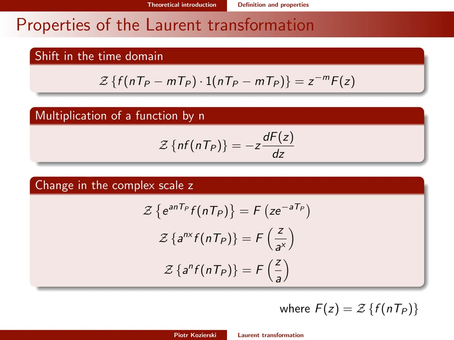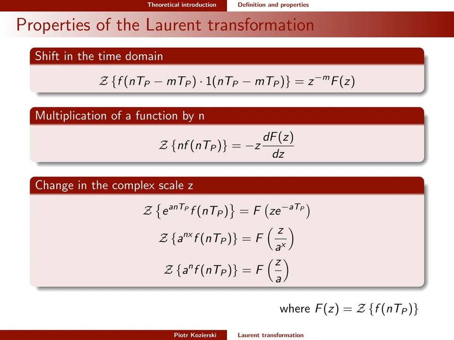The complex scale change property is shown in 3 versions because we will typically use it for the case shown in the first line, but the general formula is given in the second line. Any type of tasks may appear during the test.